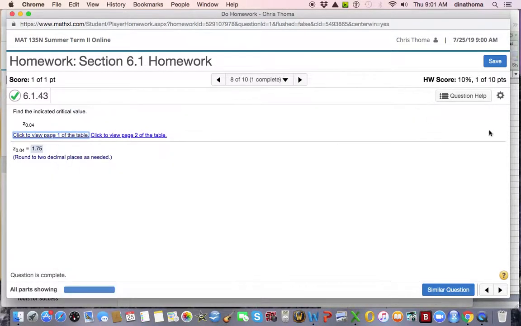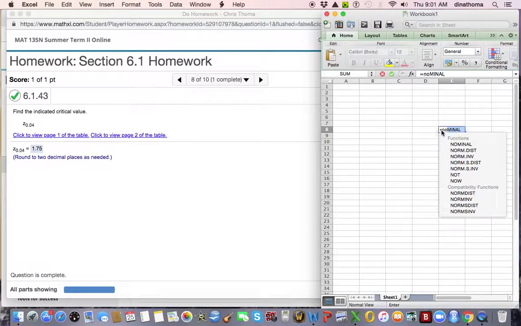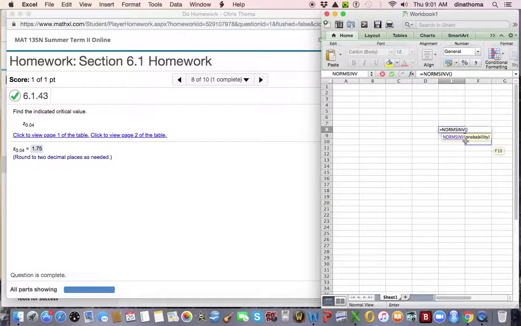Now, if you don't want to use tables anymore, let's solve this problem. In Excel, you can type in equals NORM.S.INV. All right, NORM.S.INV, and it wants the probability, right?